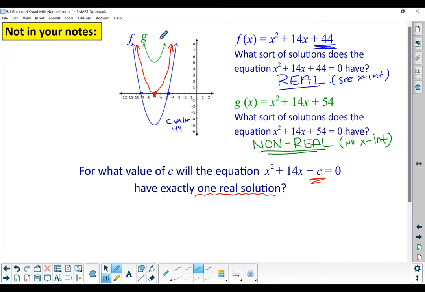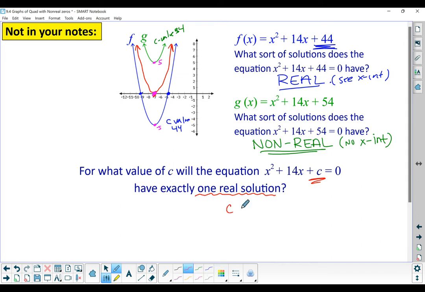And the green graph corresponds with a c value of 54. If you look at the vertices of these two, this one has a minimum value of -5. This one has a minimum value of +5. We want something halfway in between that, and that will land it right on the x-axis.